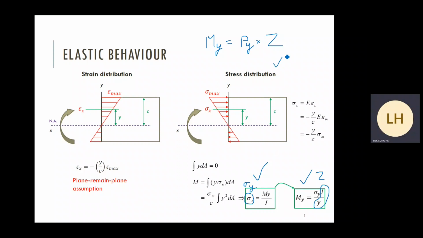You can derive the design equation based on this kind of principle. Z is elastic modulus, the yield moment. When the member just enters the yield conditions, sometimes we don't want fully plastic condition occurred in the member. In that case, this becomes one important value to see whether we have yielding or not.